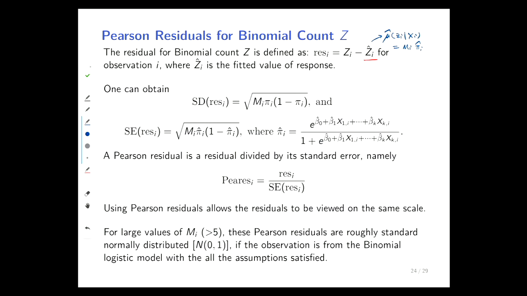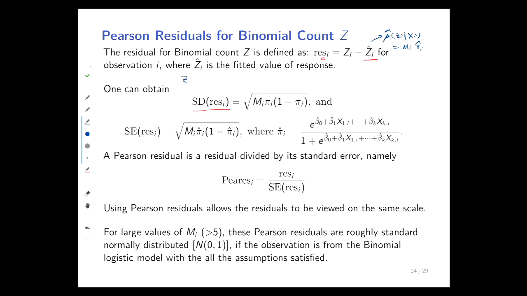In this case, we can also define a residual, which is the difference between the binomial count and the fitted value of z. And we can still obtain the standard deviation. Here, the standard deviation is equal to the square root of m_i times pi_i times 1 minus pi_i. How does it come about?